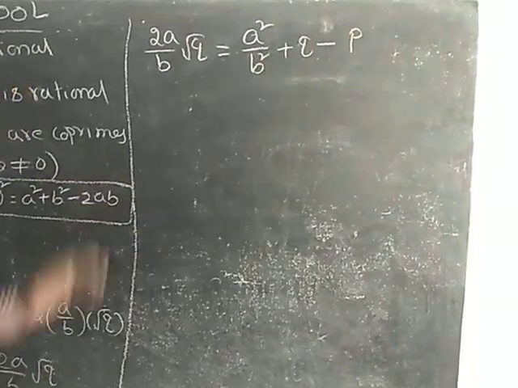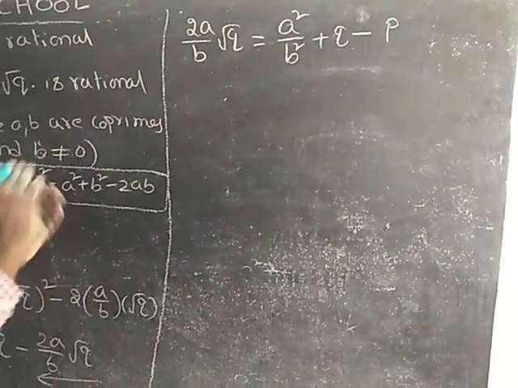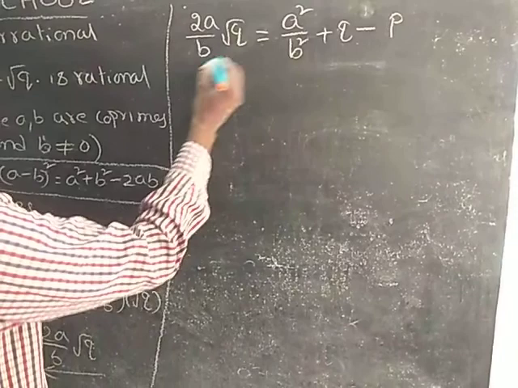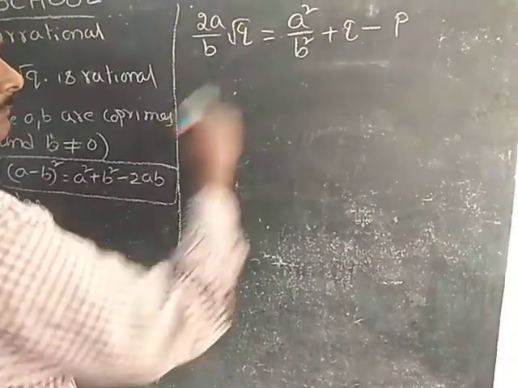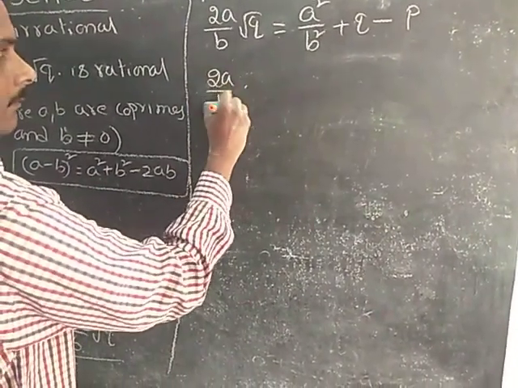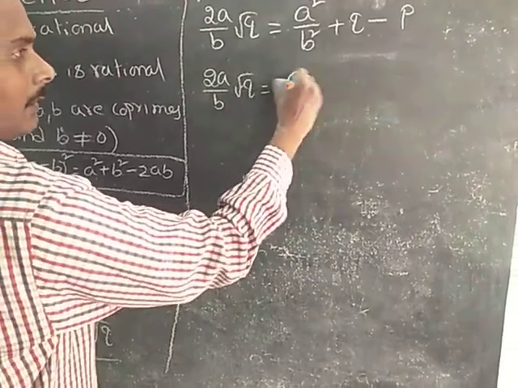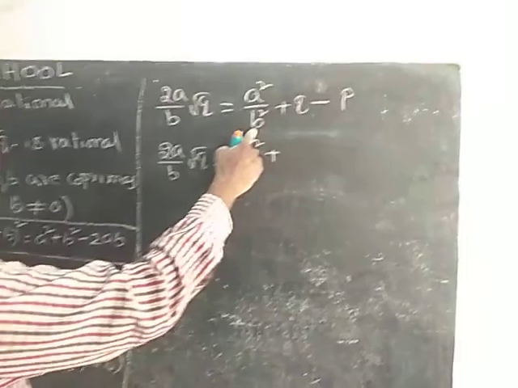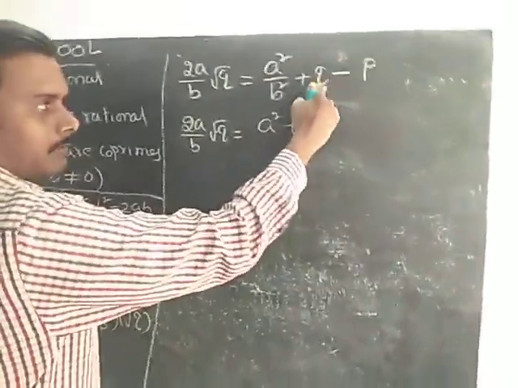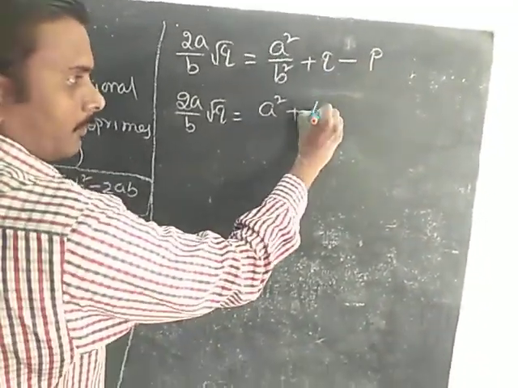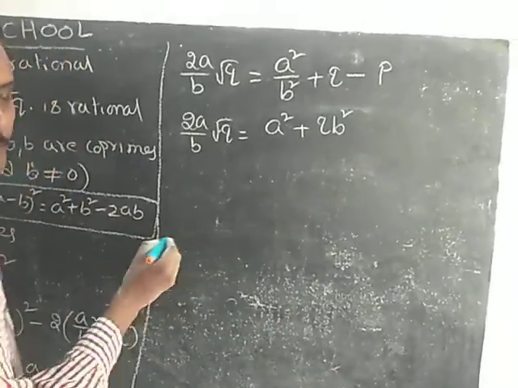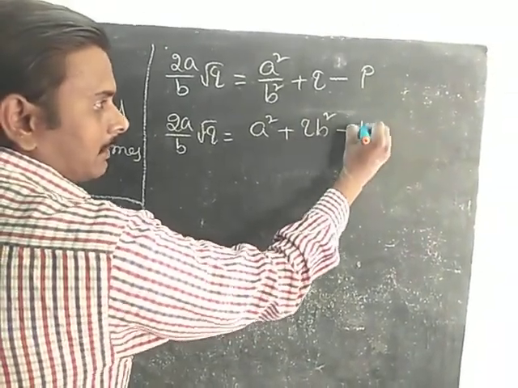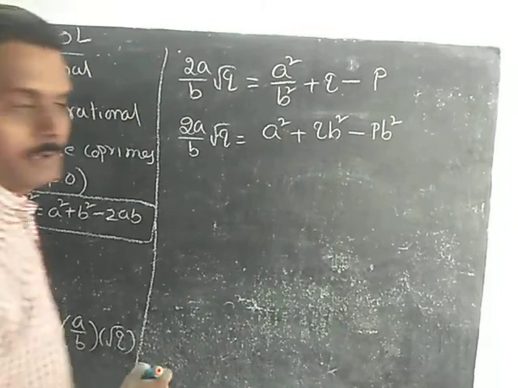Now we have to take an LCM. The denominator is b square, that is the LCM, so multiply each term: q into b square minus p b square.